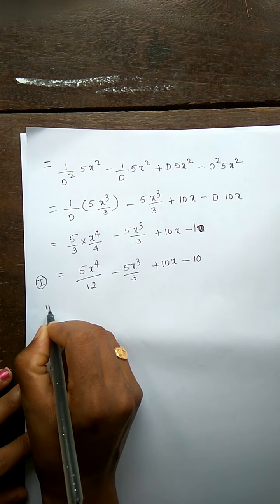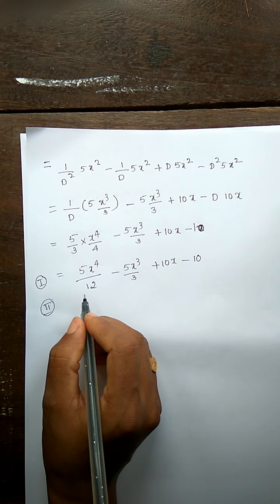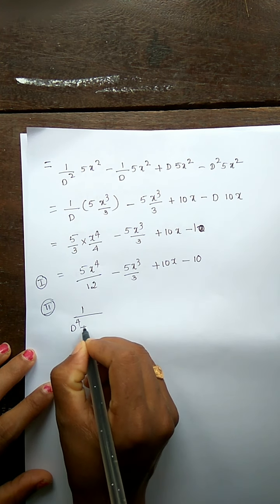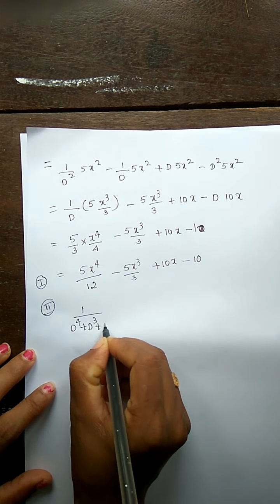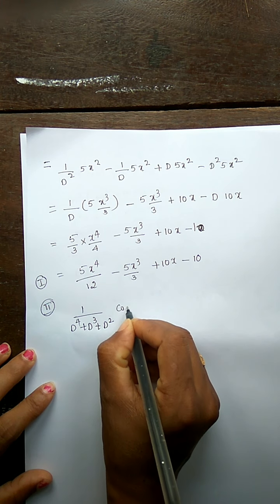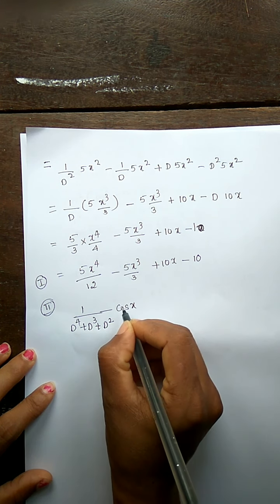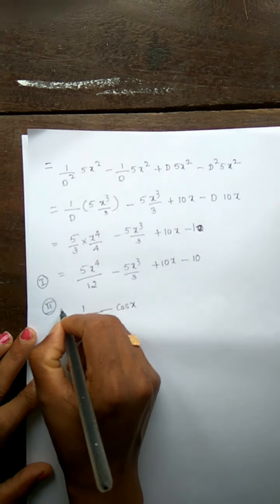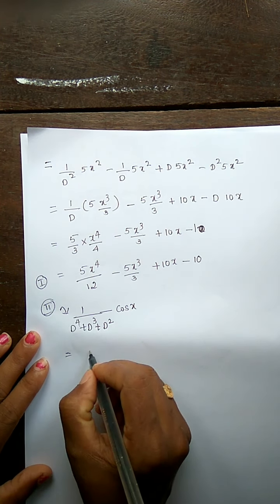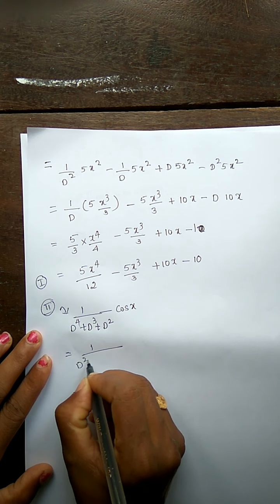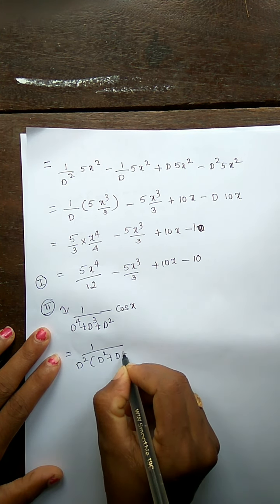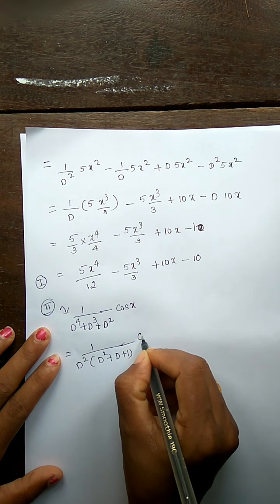Now we shall consider the second term. So second term was 1 by d power 4 plus d power 3 plus d power 2 into cos x. So that is equal to, now we have to find the particular integral for this. So 1 by, I will take d square outside here. So we are left with d square plus d plus 1 into cos x.